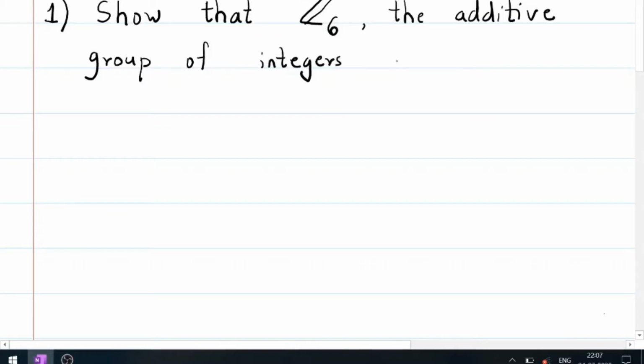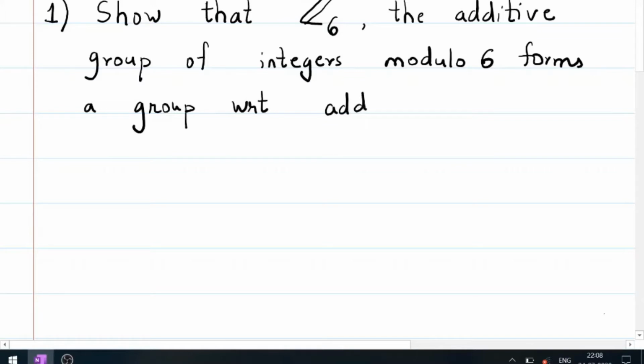So we will start with the first problem. Show that Z6, the additive group of integers modulo 6, forms a group with respect to addition modulo 6.